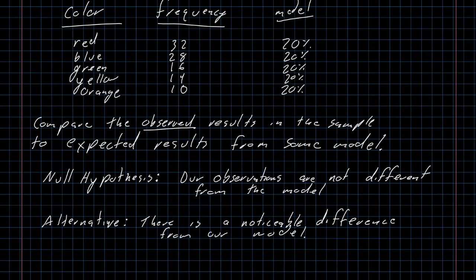All right. In this case, our model is that each of the 5 colors are equally likely. So if we accept the null hypothesis, then we have no evidence to the contrary that our 5 colors are equally likely. If we reject the null hypothesis and accept the alternative hypothesis, then we are saying that it is not the case. We have evidence refuting the claim that the 5 colors are equally likely to be chosen.